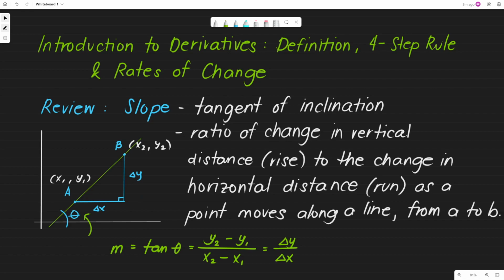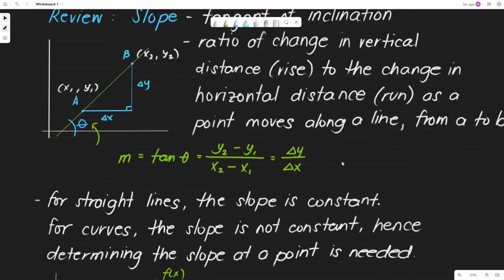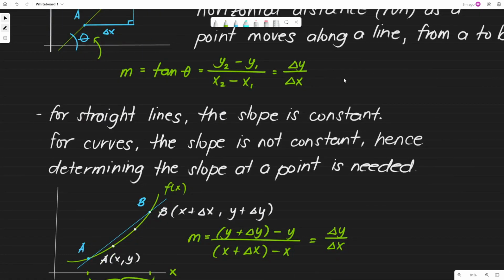Siyempre, of course, mauuna si B, B minus A lagi. So, we have y sub 2 minus y sub 1 over x sub 2 minus x sub 1, and we will get the slope. So, we have here the mathematical formula for the slope: m is equal to tangent theta is equal to y sub 2 minus y sub 1 over x sub 2 minus x sub 1, which is equal to delta y over delta x.